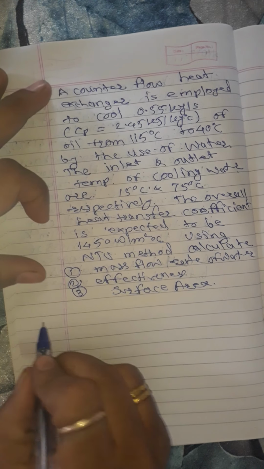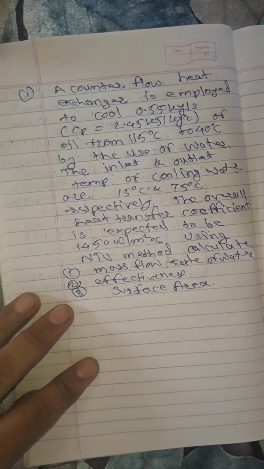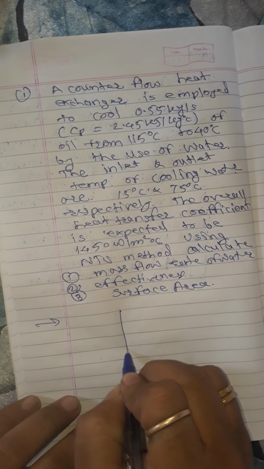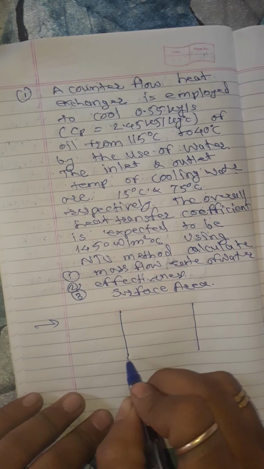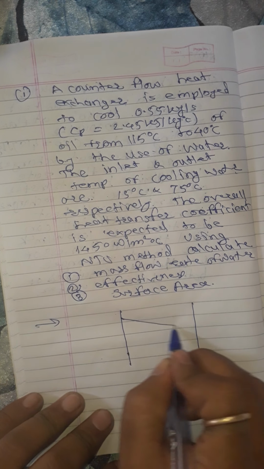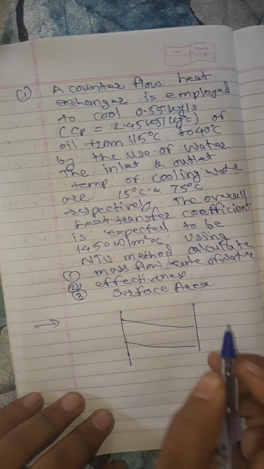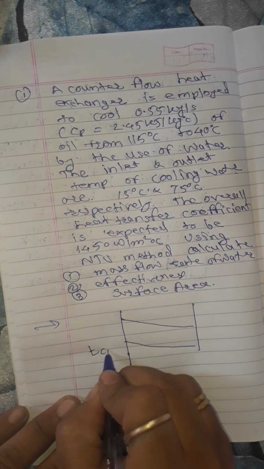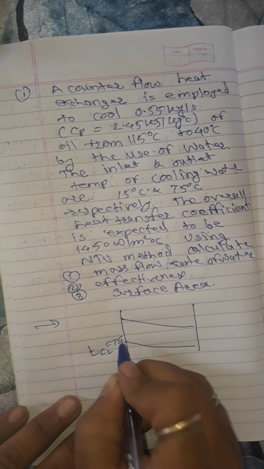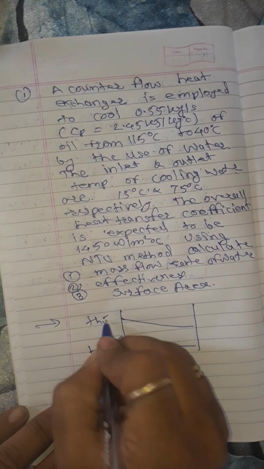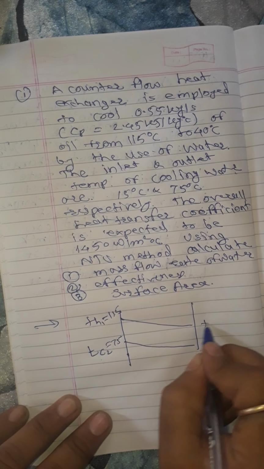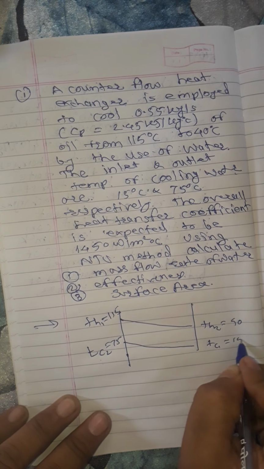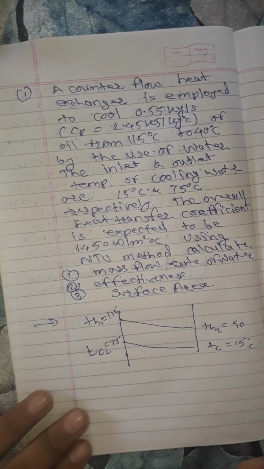First of all, you have to draw a diagram for this. It is not necessary, there is no marking for the diagram. So for our supposition, Tc2 is equal to 75, Th1, this is counter flow, 115, Th2 is equal to 40 degree and Tc1 is equal to 15 degree. What is given?